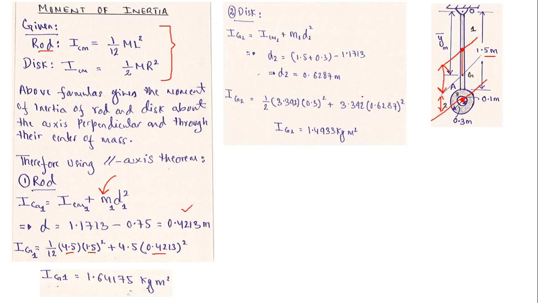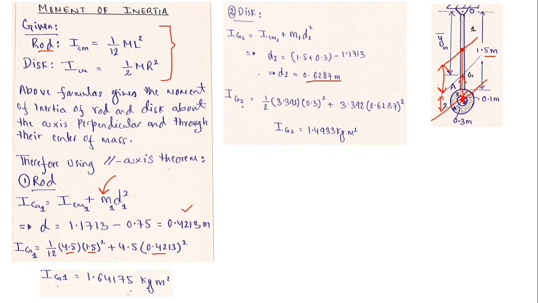So D2 is 1.8 minus 1.173, which gives you 0.6287 meters. So this distance is 0.6287, the distance between the centroid of the thin disk and the center of mass of this entire volume.